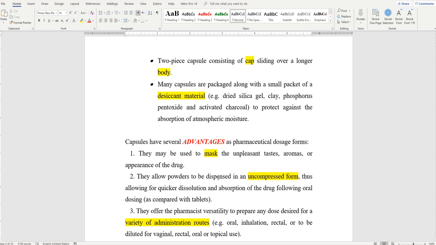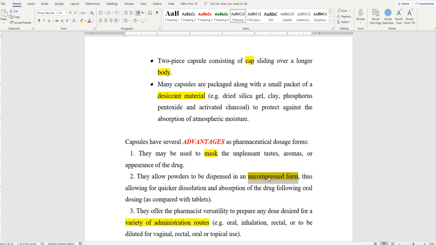Second thing, usually when you fill the capsules, unlike tablets, okay, tablets are compressed to a great extent, while what you fill the capsules with is usually in uncompressed form.